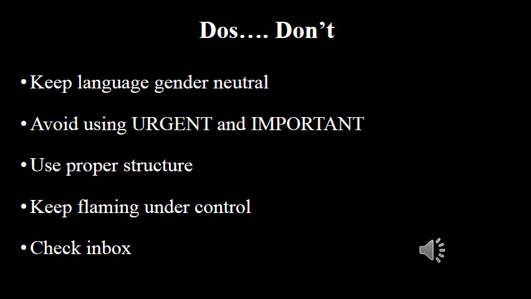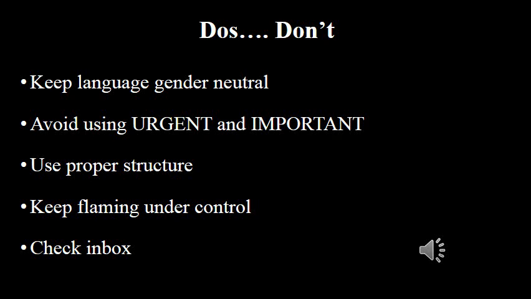The next one, use active instead of passive. That means we should always stick to the active tense, because we are communicating in active tense instead of passive tense. Okay.